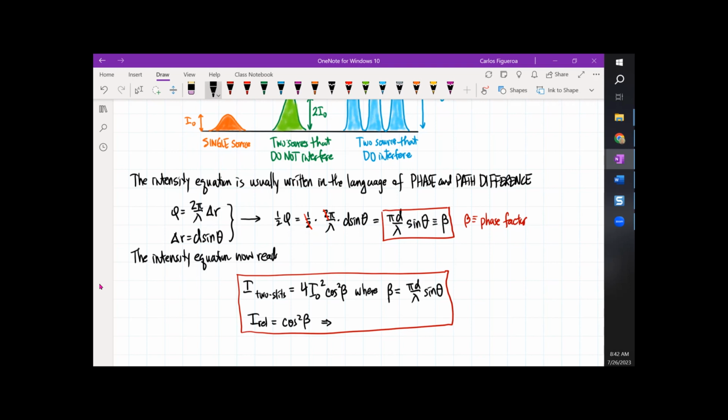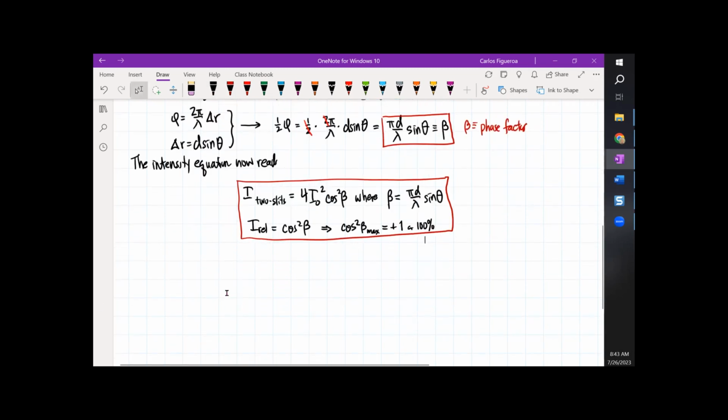If you do this, then cosine squared of beta when it's maximal will always be +1, or we could say that's 100% of the relative intensity. So let's sketch this out. If I look at my pattern, I'll do the exact same thing as we did before.